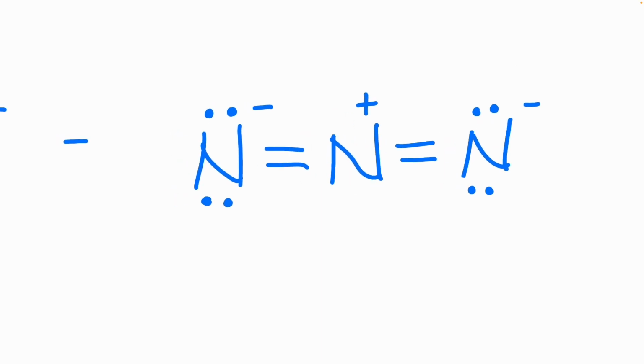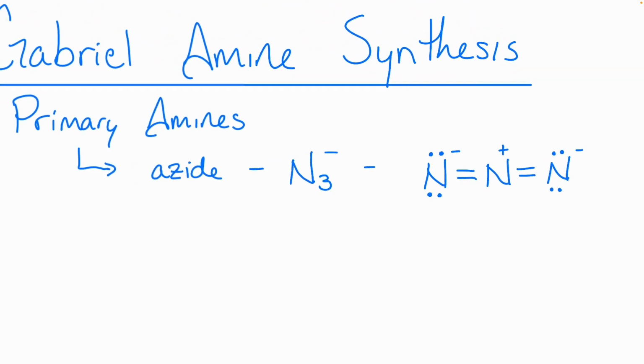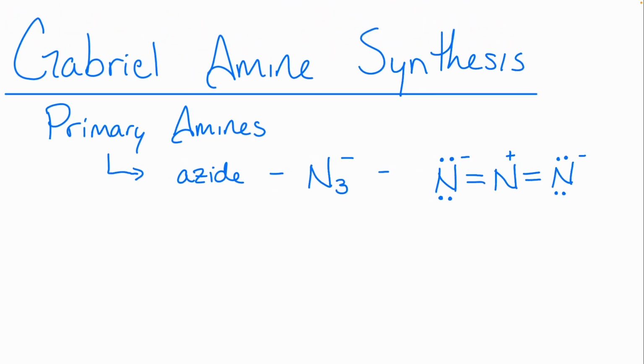So the overall net charge is just -1, but each of my nitrogens is holding this formal charge in this azide ion. And the whole shtick about these azide ions is they are great nucleophiles and terrible bases. So the only thing that they like to do are these substitution reactions.